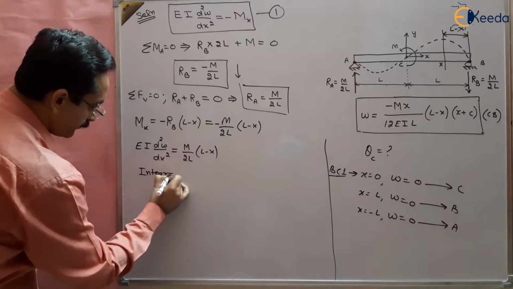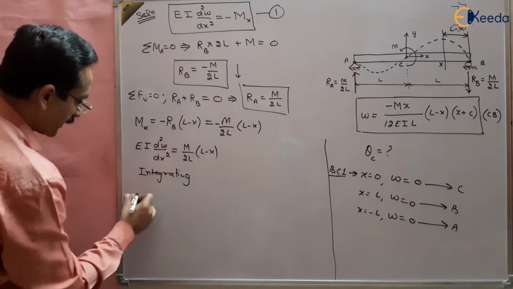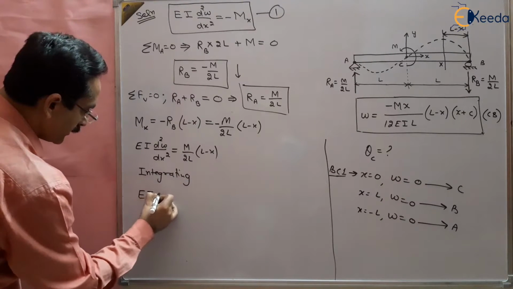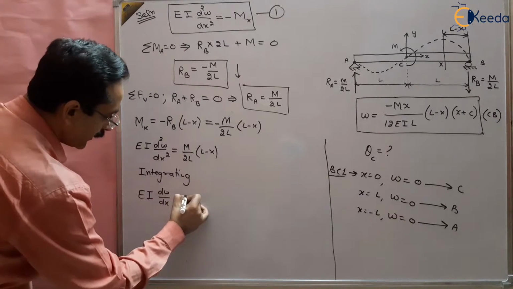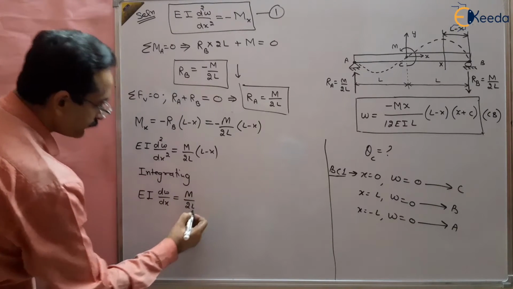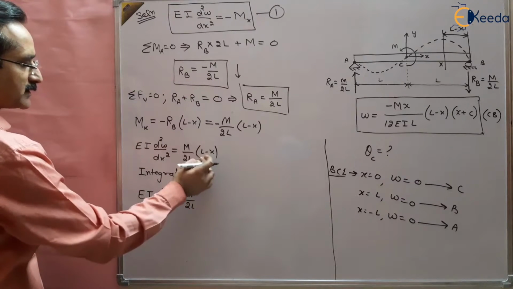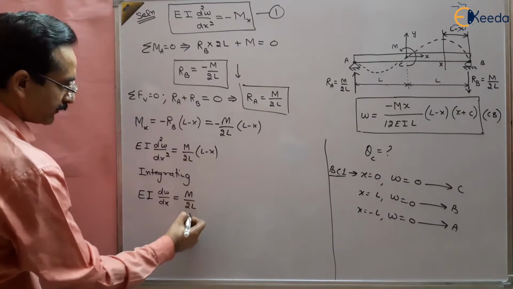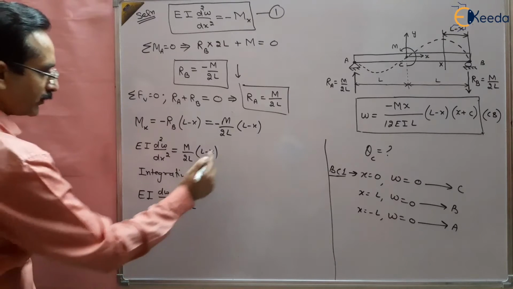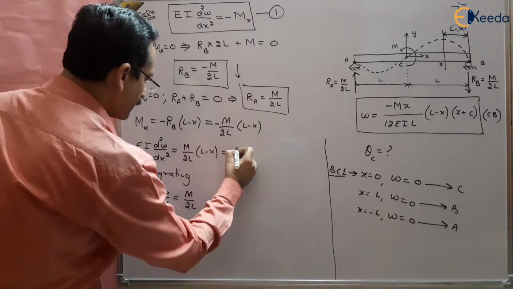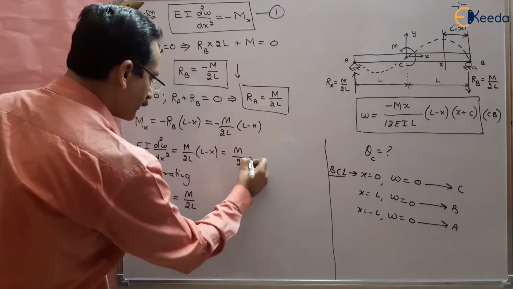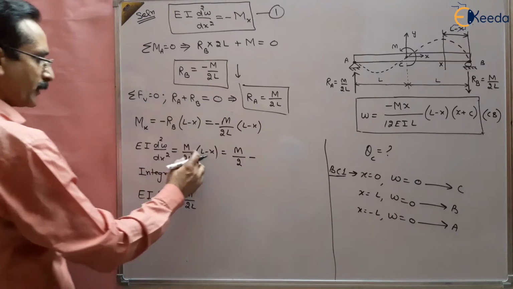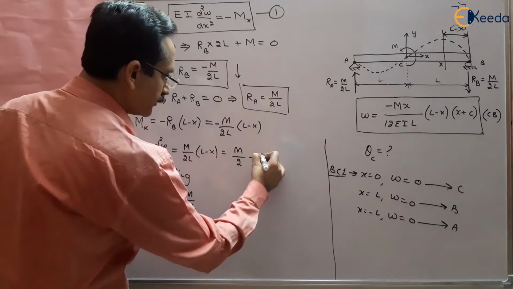So integrating it, let us see what we get. EI dw by dx will be equal to M by 2L times the integration of this and this. It can be further simplified, L and L cancel, giving M by 2 minus Mx by 2L.